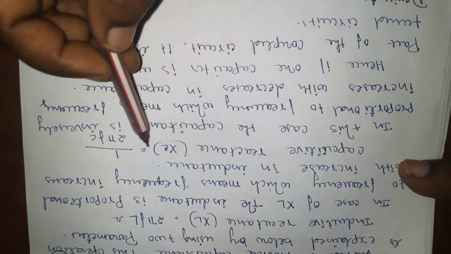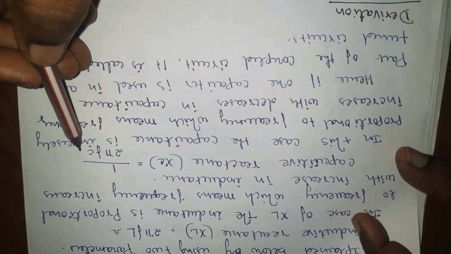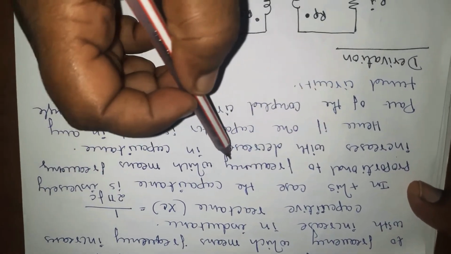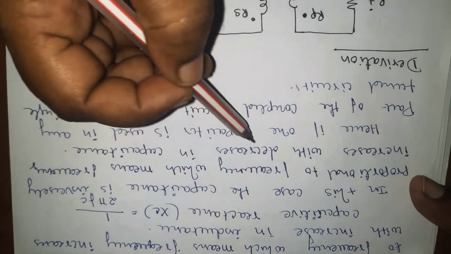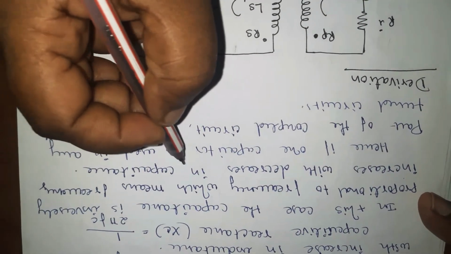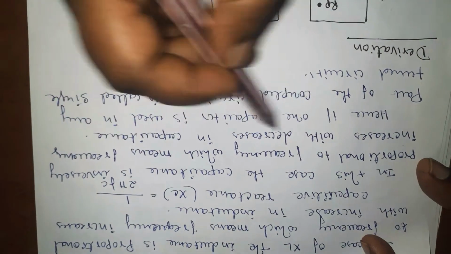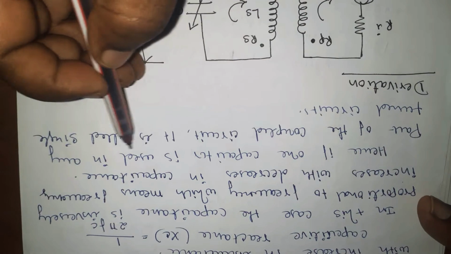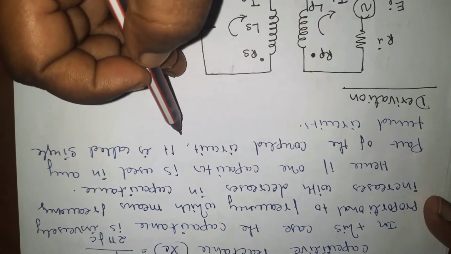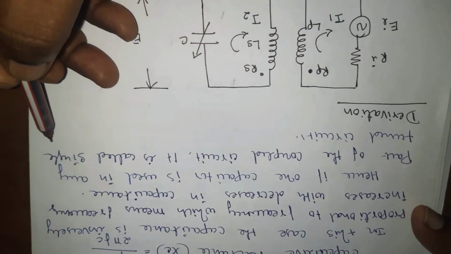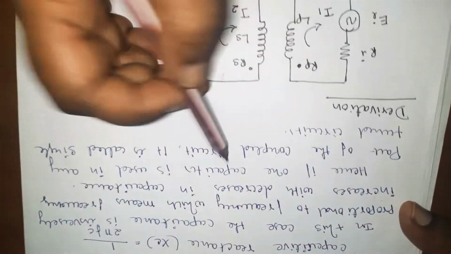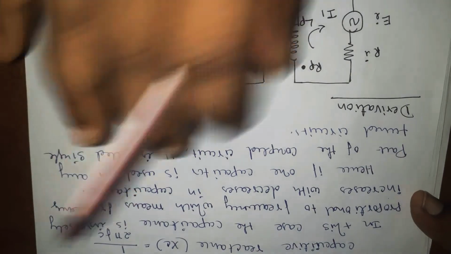Capacitive reactance: Xc equals 1 by 2 pi f C. Here the reactance is inversely proportional to frequency, which means as frequency increases, Xc decreases. Hence, if one capacitor is used in any part of the coupled circuit, primary side or secondary side, it is called a single tuned coupled circuit.